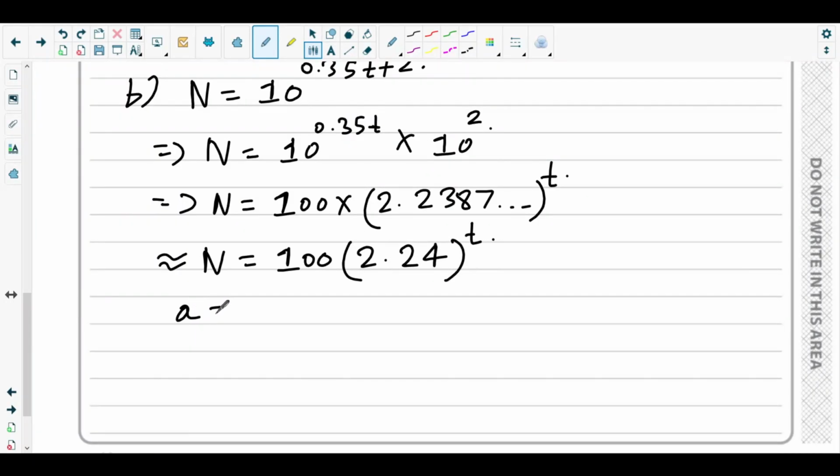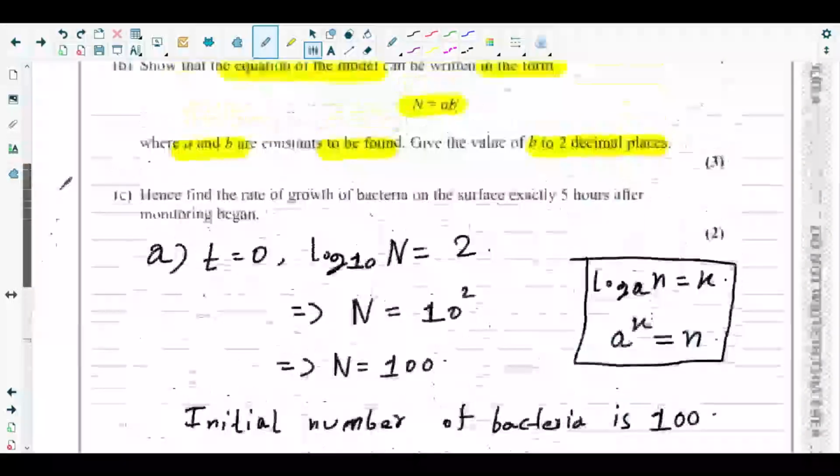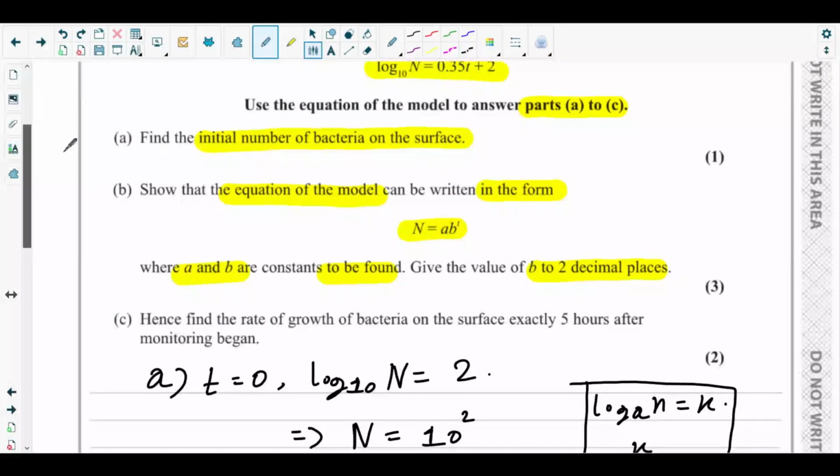So a is 100 and the value of b is 2.24 to 2 decimal places. That's exactly what part B has asked for. Done.